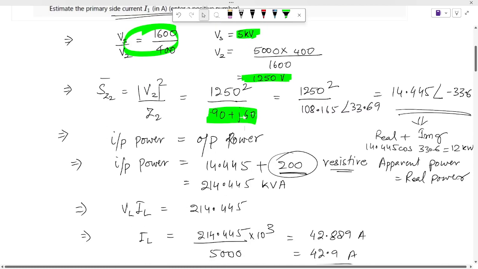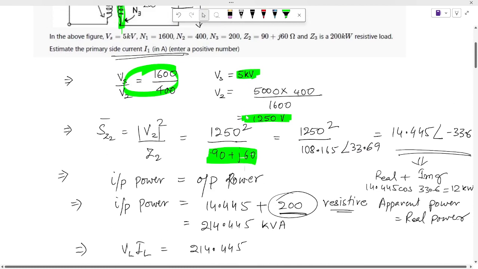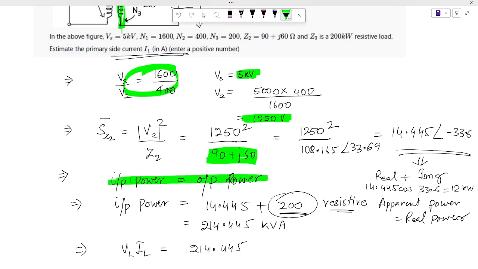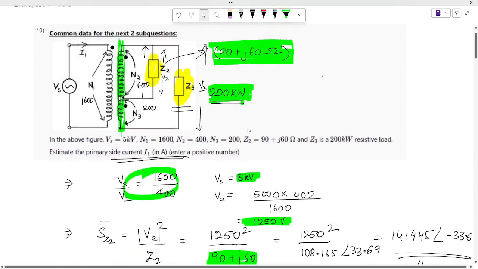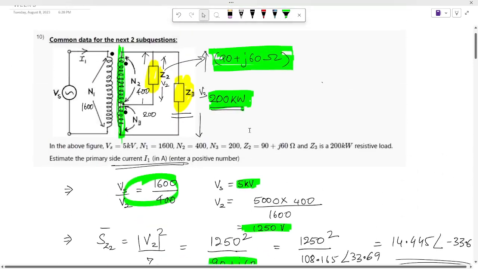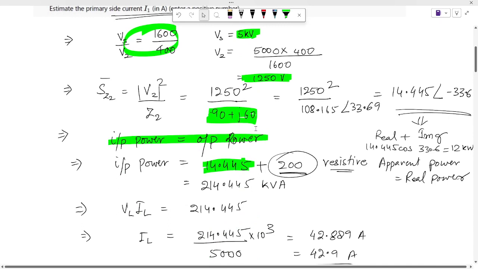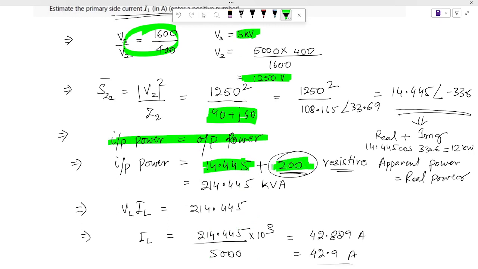If we make input power equal to output power, from there we can get the total input power. So 14.445 is the total kVA consumed by load Z2, and load Z3 is consuming 200 kVA or kilowatt, since it is a resistive load.